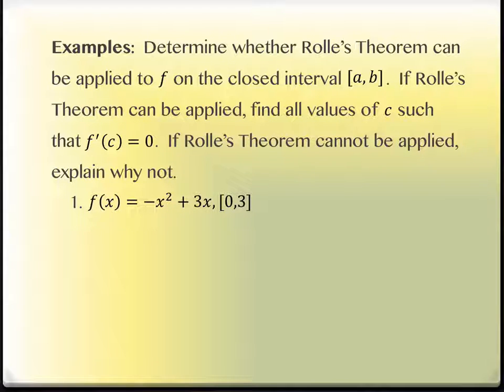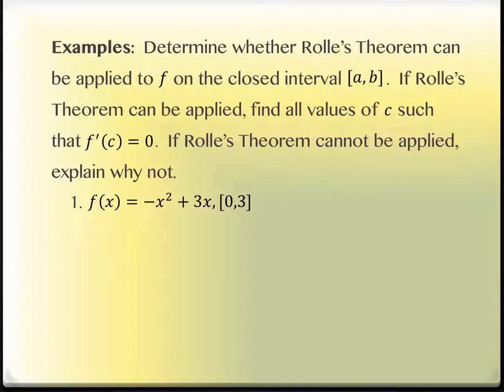And boy, would that be unfortunate. So we're going to consider all 3 of those conditions. If the theorem applies, then we're going to find all of the values where the derivative equals 0. And if Rolle's theorem cannot be applied, we're going to explain why it can't.